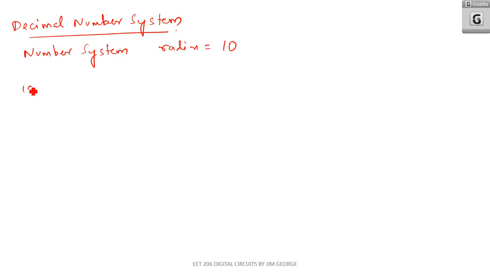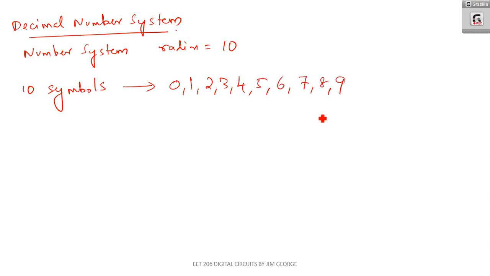The 10 symbols used in a decimal number system are 0, 1, 2, 3, 4, 5, 6, 7, 8 and 9. These are the 10 symbols used in a number system. Since there are 10 symbols, we will get that radix is equal to 10.